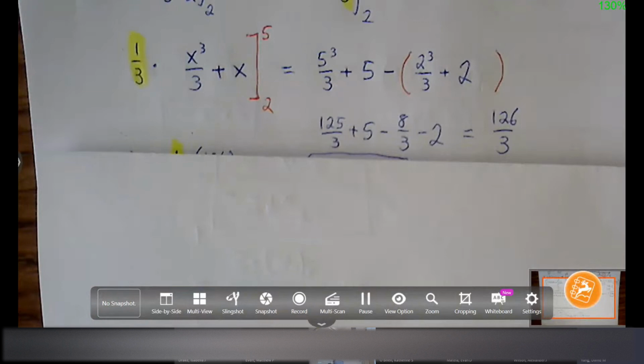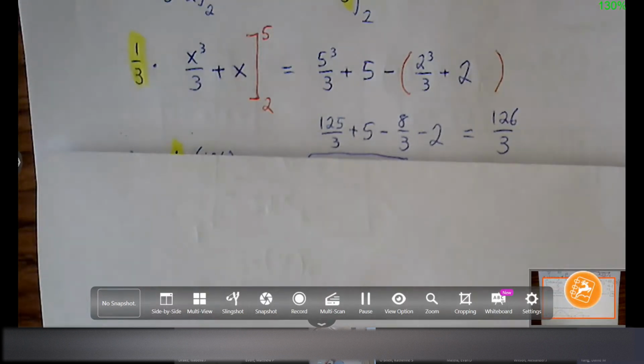Okay, you guys get 126 over 3? So double check to see if that is what you got. Did you multiply the 1/3? Not yet, but we are going to do that, right?